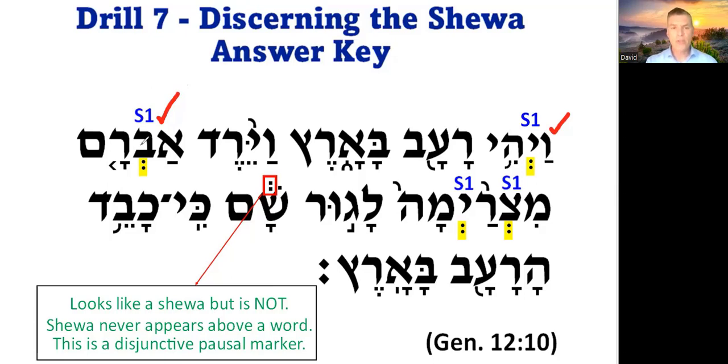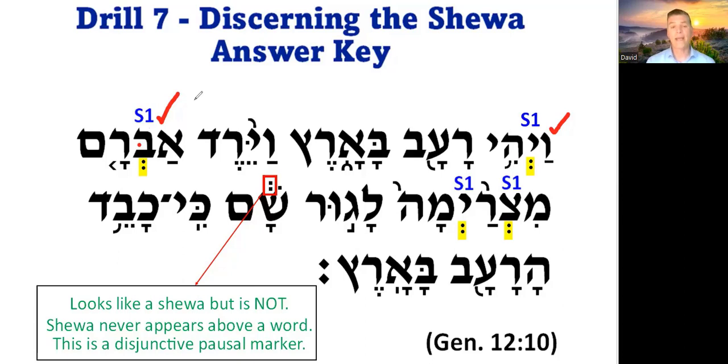Now I want to mention there is an exception to the rule. Sometimes you can have a short vowel that precedes the shva, and you think that the shva should therefore be silent, but if the shva happens to have a dagesh, we know that the rules of dagesh say that if a dagesh is preceded by a vowel, any vowel, there's doubling. And so that forces the shva to become vocal.